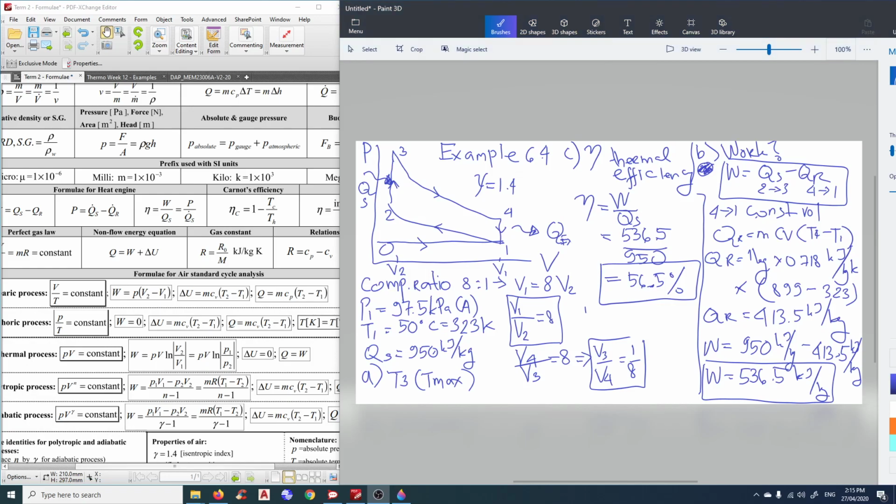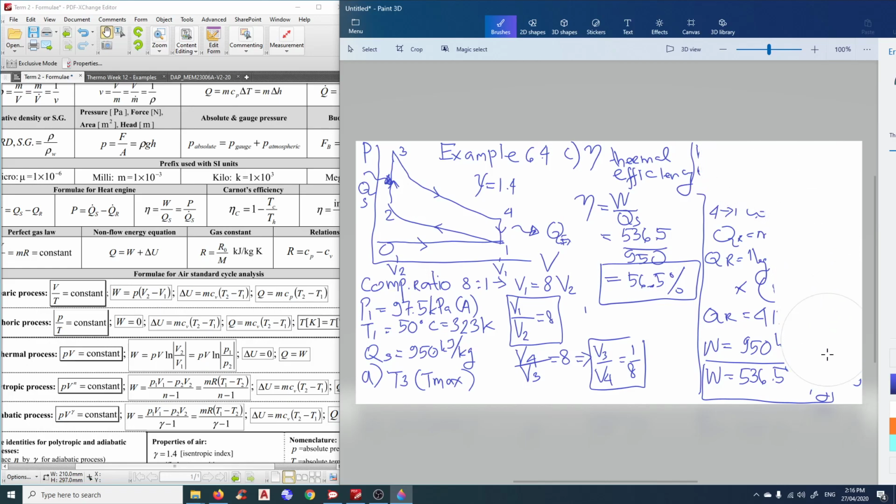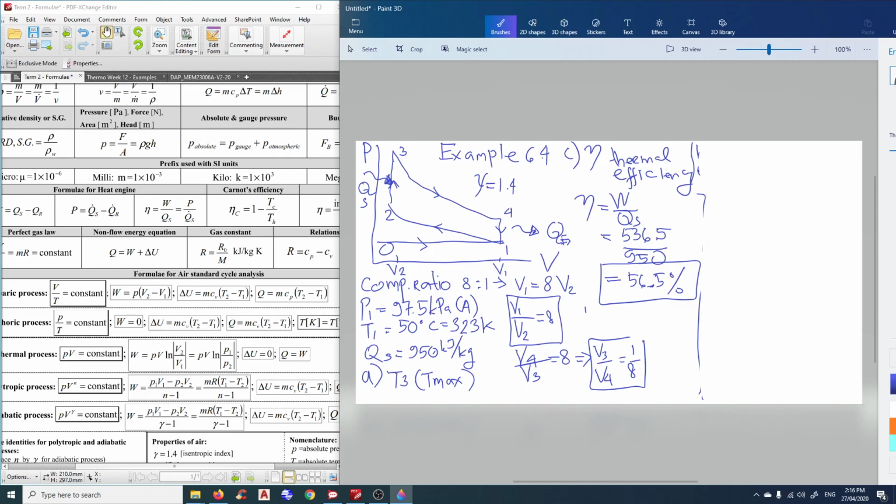Now, in the exam, you might be asked, okay, so that's thermal efficiency, what about the theoretical maximum efficiency? If that question is asked, then what you'll do is look on the formula sheet. The maximum theoretical efficiency is 1 minus T cold over T hot.